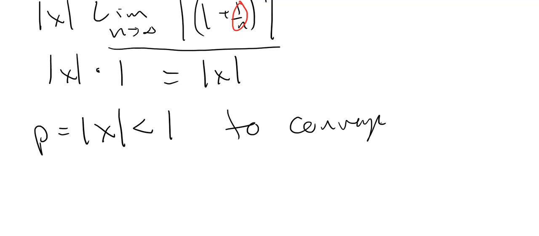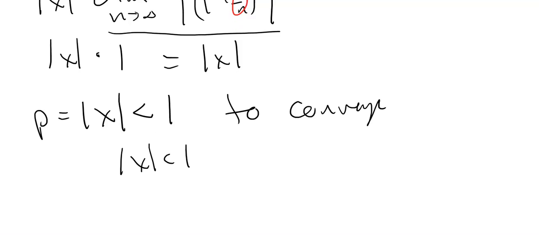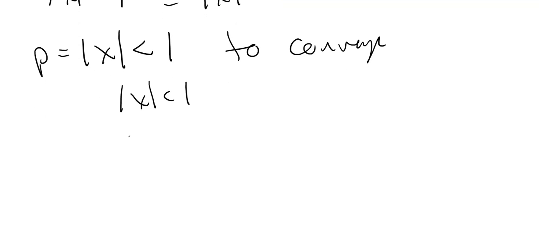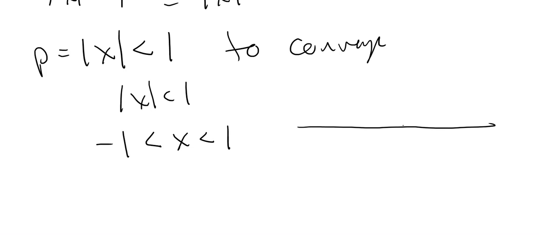So the absolute value of x is less than 1. And remembering a little bit about absolute value inequalities, we can rewrite this as negative 1 is less than x, which is less than 1. So this actually is my interval of convergence from negative 1 to positive 1. On a number line, we have the center. And we didn't mention what the center was here.